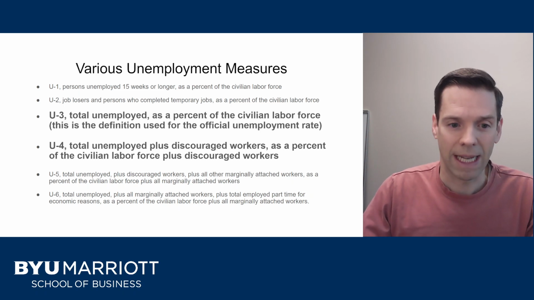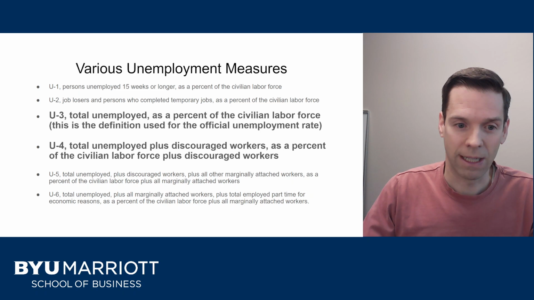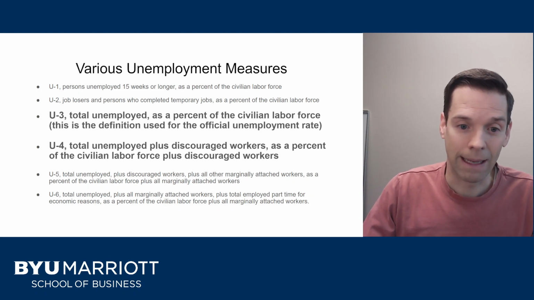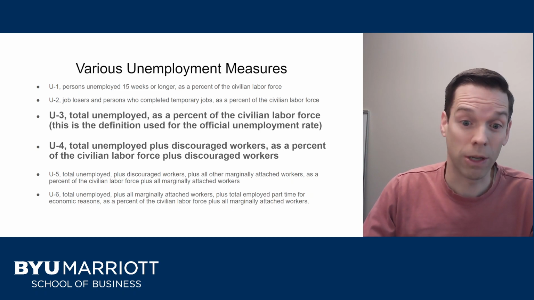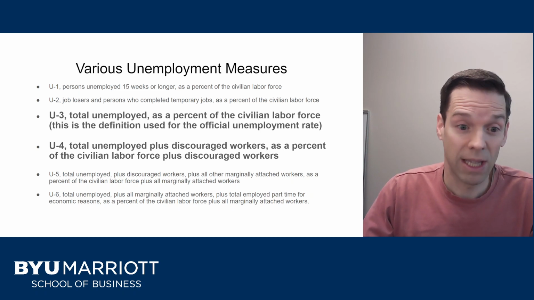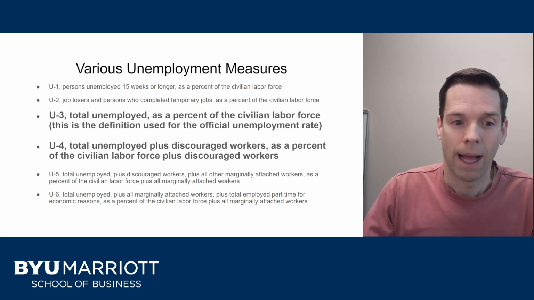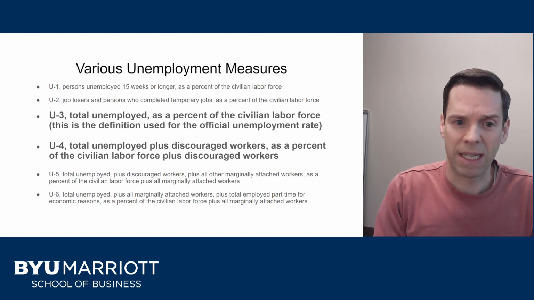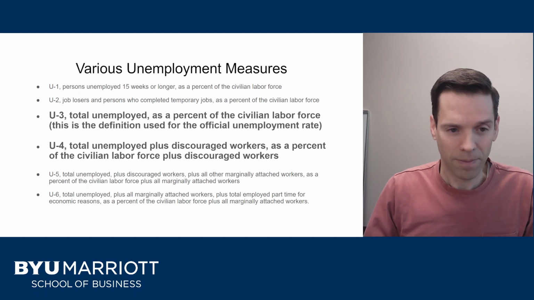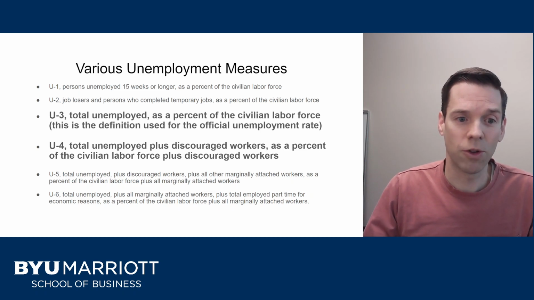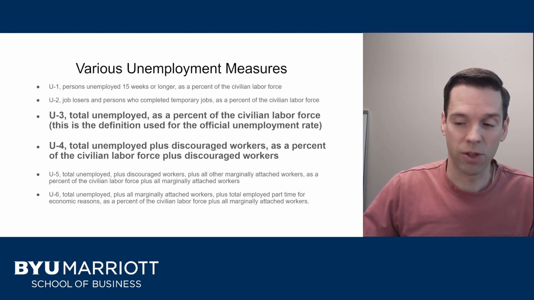All the way to U6, which is a very broad definition of unemployment, where it's not only adding in discouraged workers, but also adding in workers, for example, who are working part-time but wish they could be working full-time. And so we go from a very strict definition of unemployment to a very broad definition. For our purposes, we'll focus mostly on U3, which is the headline rate, and U4, which includes those discouraged workers.